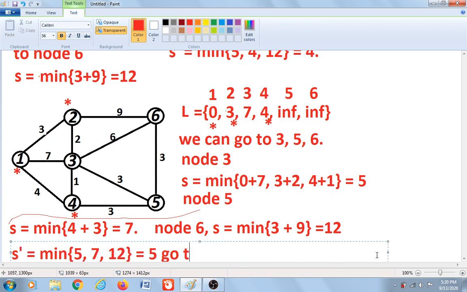We go to 5 from, let me see, we can go to 3. We can go to 3 from 2 or from 4. Okay, so we can go to 3 from 2 or 4, but here I'm just gonna select, let me see, we can go from 3, right?